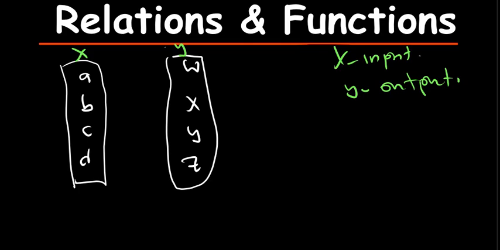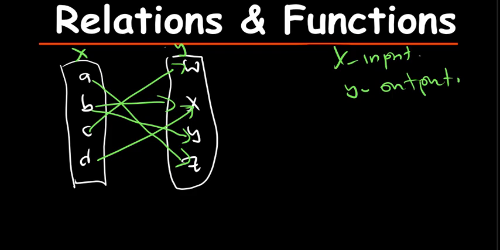Now if I do this, a goes to z, then let b go to x, but again I want b to go to y. Then let c go to w, then d let it go to x.